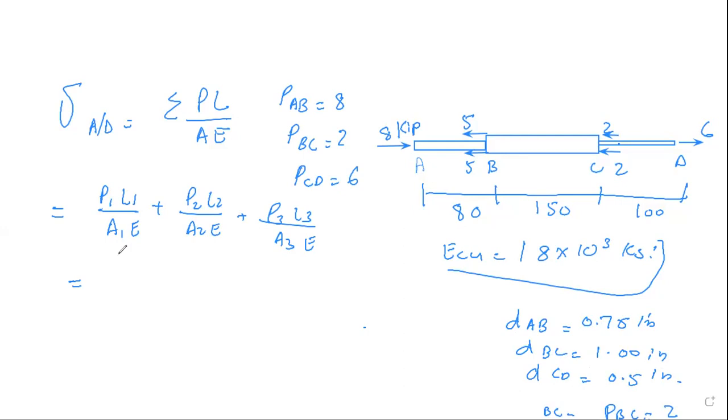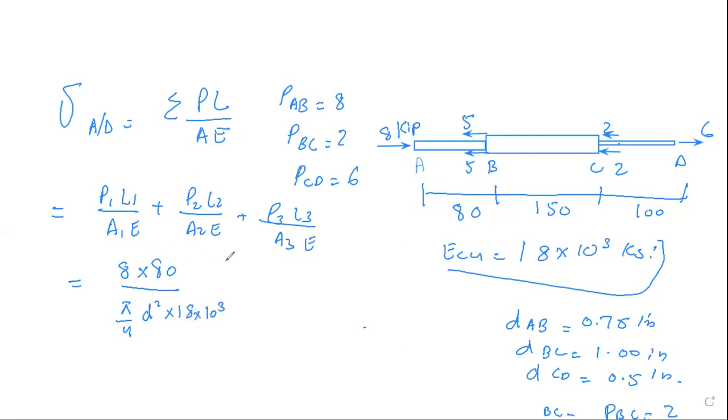So we put the values: 8 into 80, divided by area, pi by 4 d square, into E value 18 into 10 raised to the power 3.